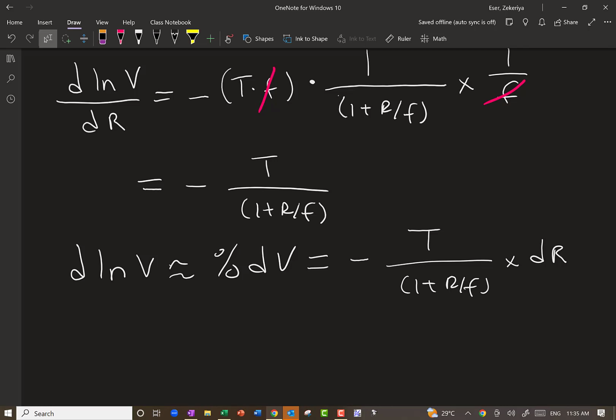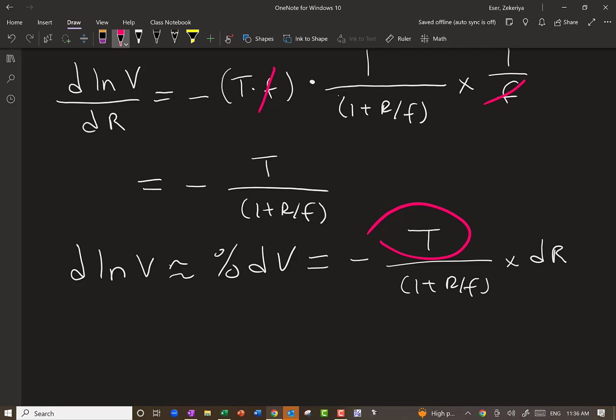So interest rate risk is actually proportional to so-called duration or maturity of a zero coupon bond. This is true for a zero coupon bond, okay? For bonds with a coupon, we're gonna kind of come up with a concept of average maturity.